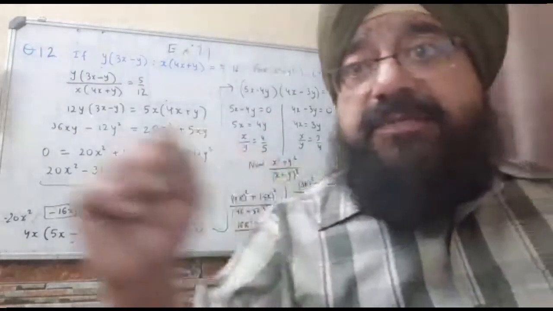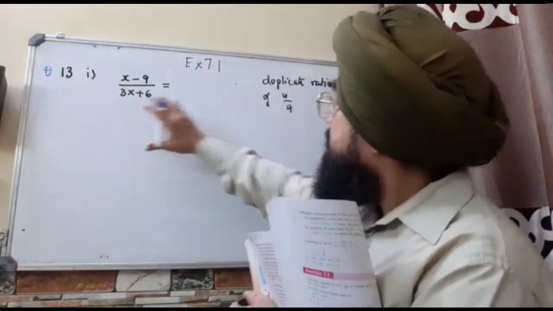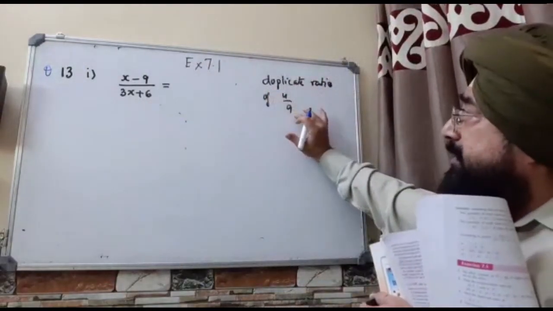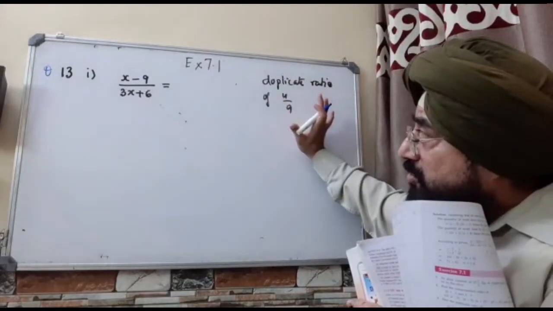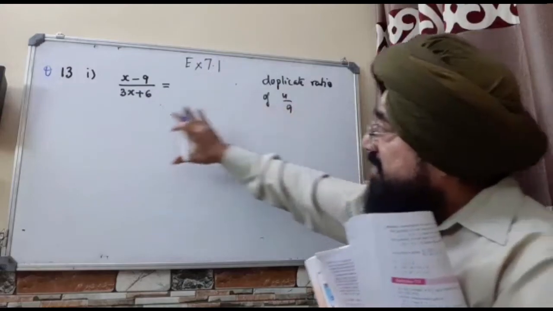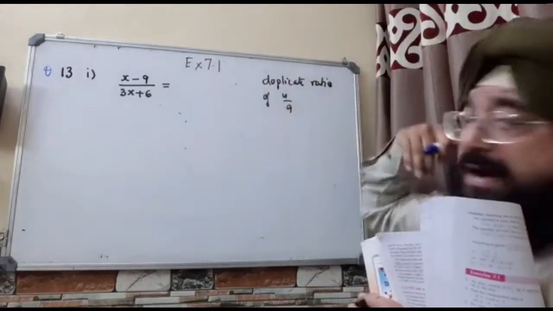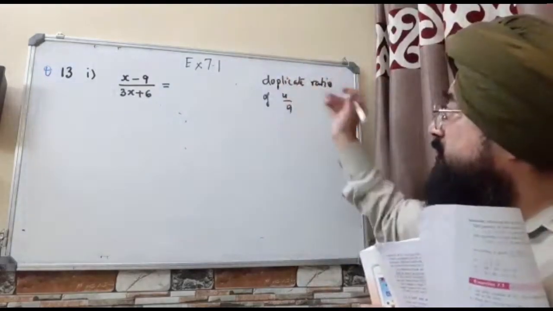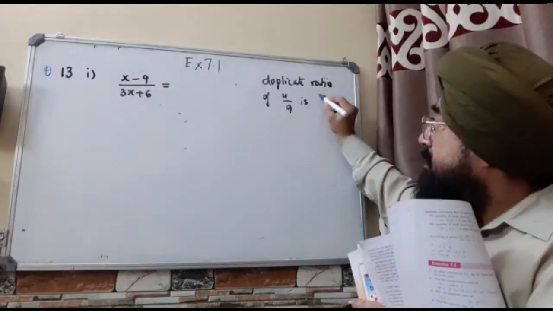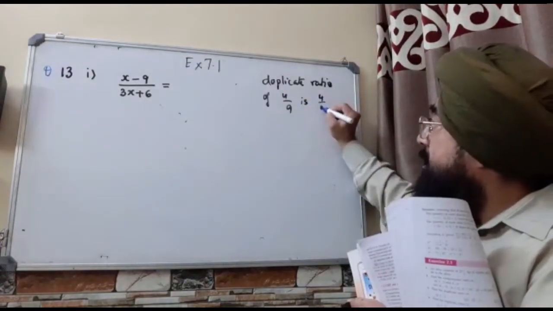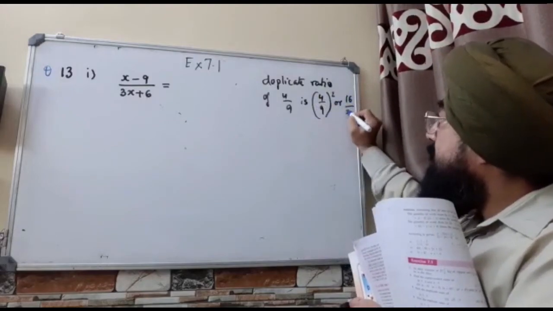Okay? Is that making any sense to you? Now in the 13th question, first part, Exercise 7.1 ML Aggarwal, it says that this is the duplicate ratio of 4:9. So what is the duplicate ratio of 4:9? It is 4 upon 9 whole square, or you can say 16 upon 81.